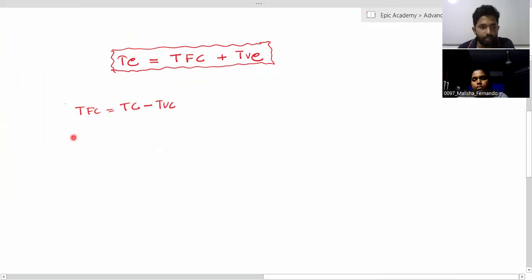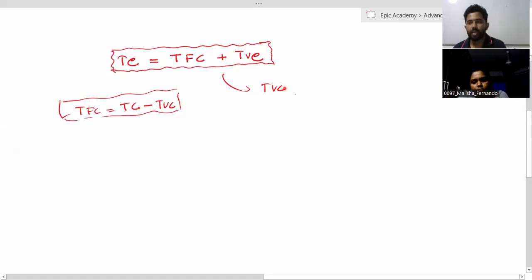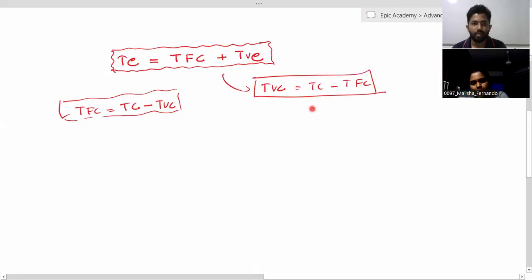Yes, it is simple. Then how can you calculate the TVC if you don't have any idea about it? TC minus TFC. Yes, that's the difference. By using this equation, you can build up any equation, okay?